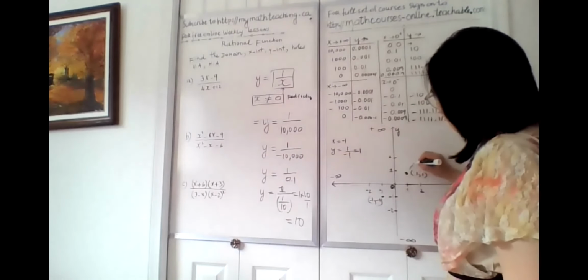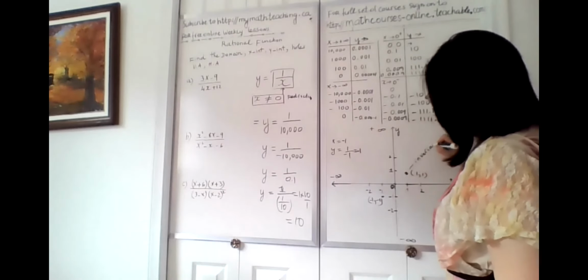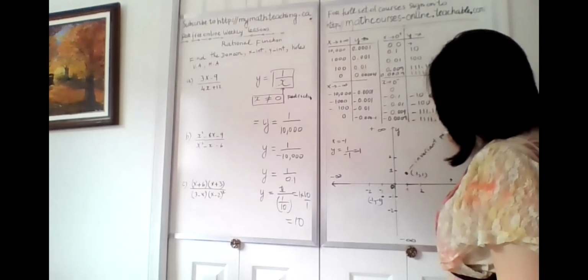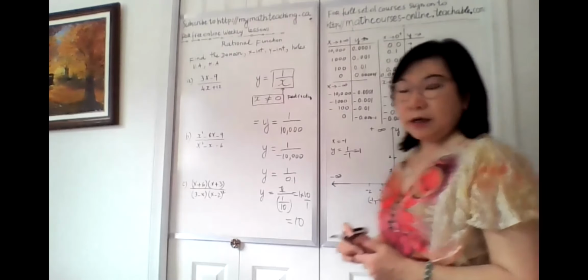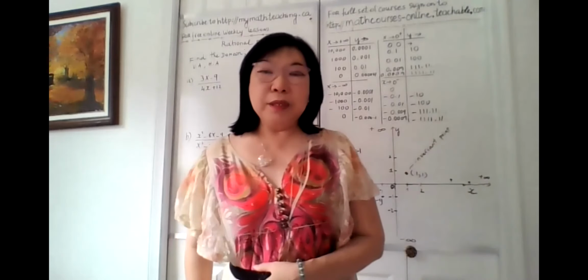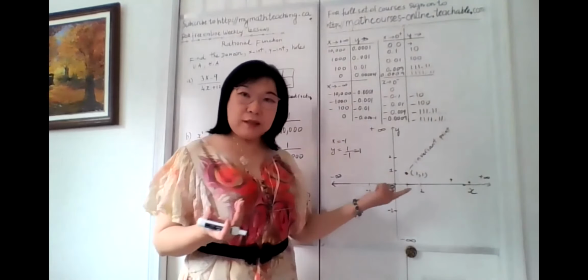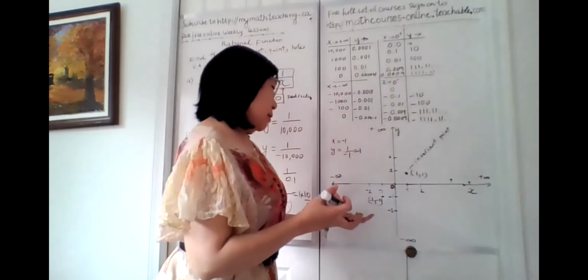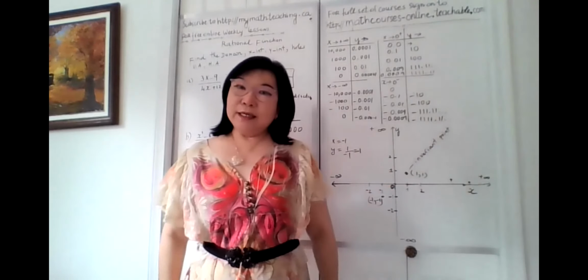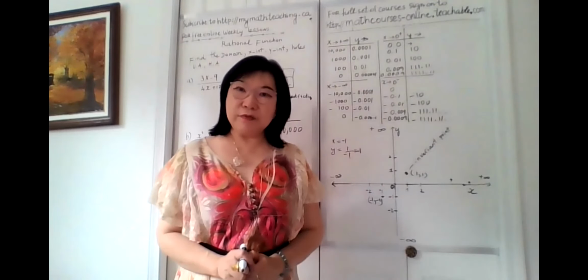So I'm going to say here, invariant point. Invariant means not variant, right? It means they're the same. And exactly, if x is 1, y is 1, they're the same, right? And if x is negative 1, y is negative 1, they're the same. So that's what we call an invariant point.